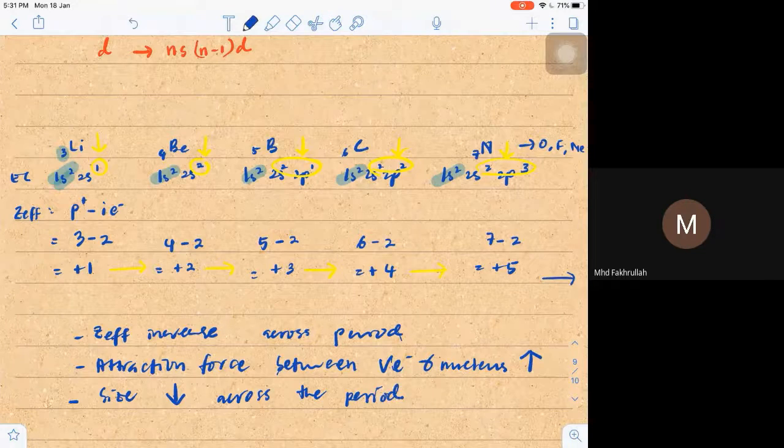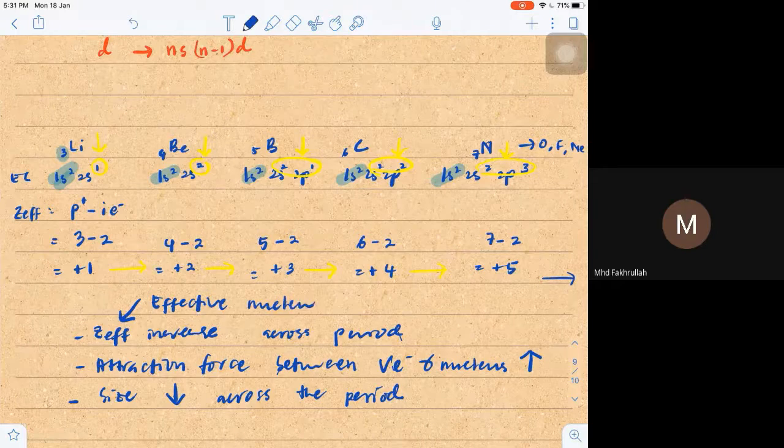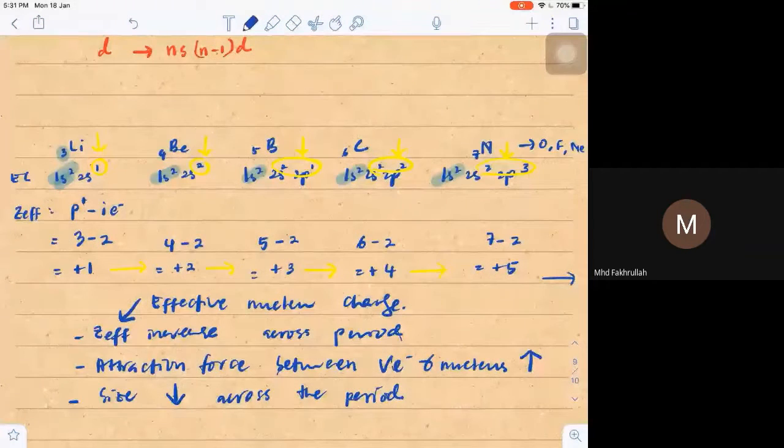Okay, so you have to have at least these 3 points, but please don't write it as Zeff only, write it as the effective nuclear charge. Okay, so these are the first factor, which is the effective nuclear charge factor.